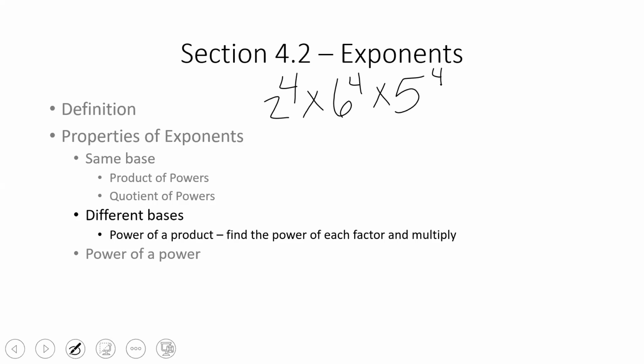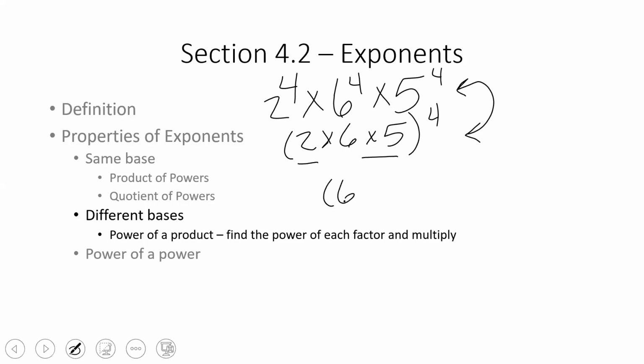Well, again, what we can do is, since we have different bases, let's go ahead and just multiply that 2 times 6 times 5 and raise that whole thing to the fourth. Just like in that last one, we saw that we could go one direction with it or the other. So now I'm going to, again, use mental math. 2 times 5 is 10, times 6 is 60 to the fourth. I'm not going to have you multiply this one out. So for purposes of making the problem easier, 60 to the fourth is okay with me.